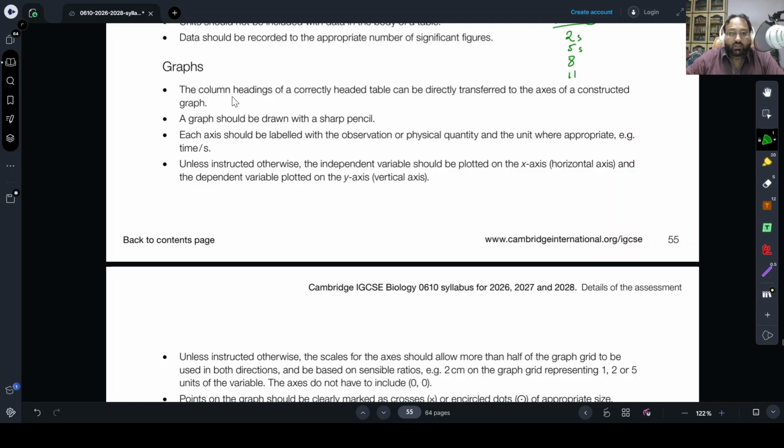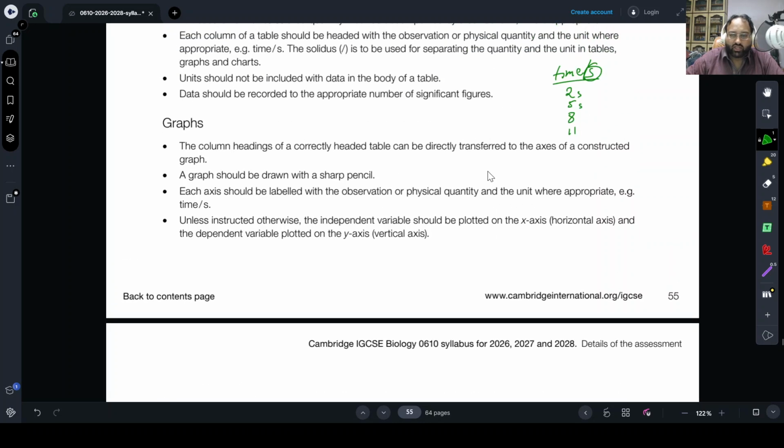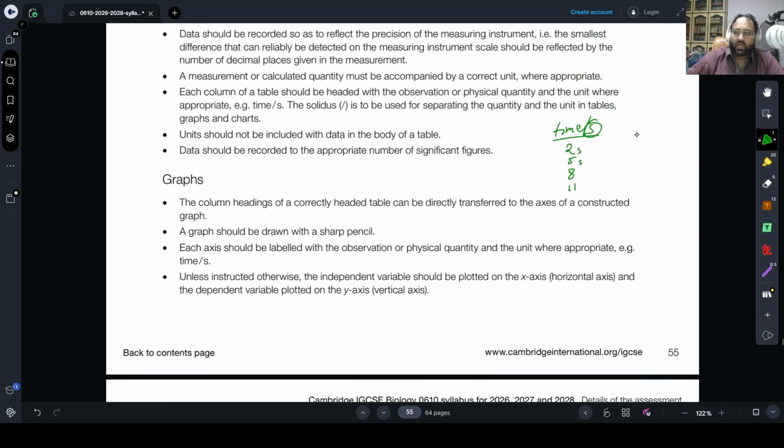Graphs. The column headings of a correctly headed table can be directly transferred to the axis of a constructed graph. So for example, time and, let's say, what are we measuring? Something to do with time.